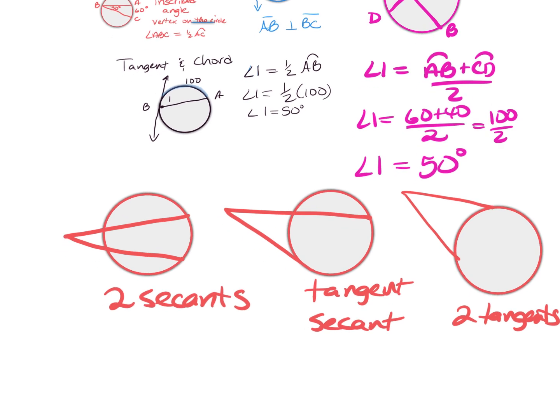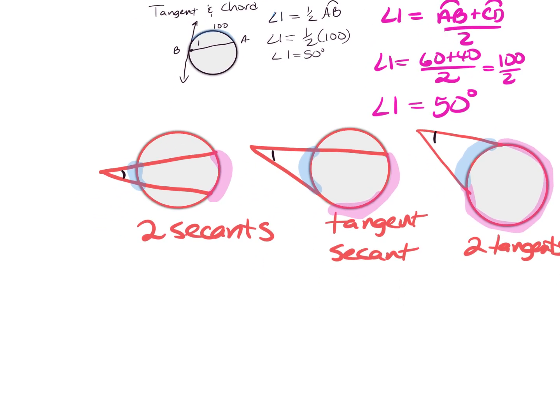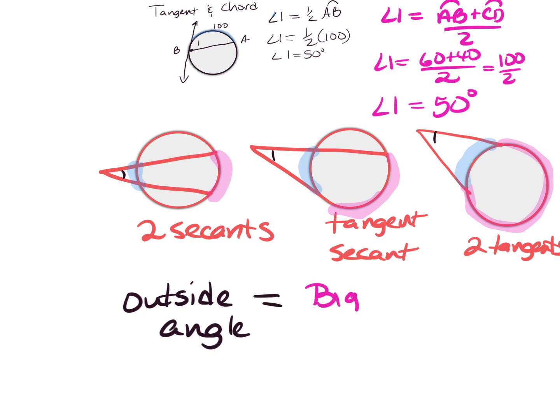And then they're all forming this outside angle 1. And then here is where we would do our big arcs minus our little arcs. And remember, the little arc is closest to that outside angle. So again, our outside angle is formed by doing big arc minus little arc, divide by 2 or multiply by 1/2.